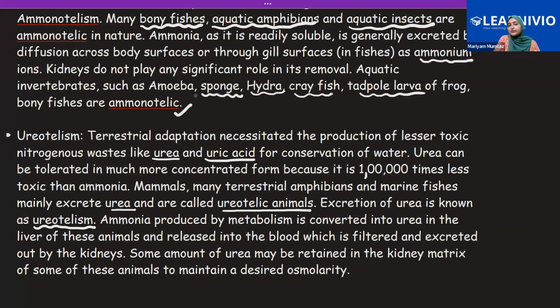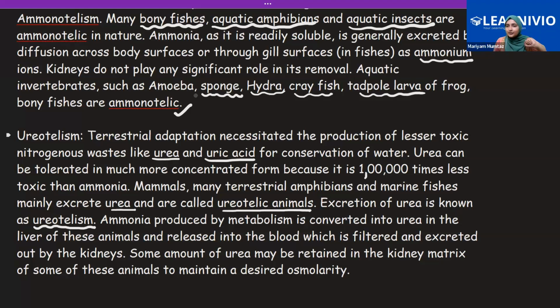Now, ammonia produced by metabolism is converted into urea. See, in our body, ammonia is also produced, but that ammonia doesn't persist in our body for a long period of time because we have a proper cycle in our cellular environment wherein the ammonia gets converted into urea and then it is filtered out.